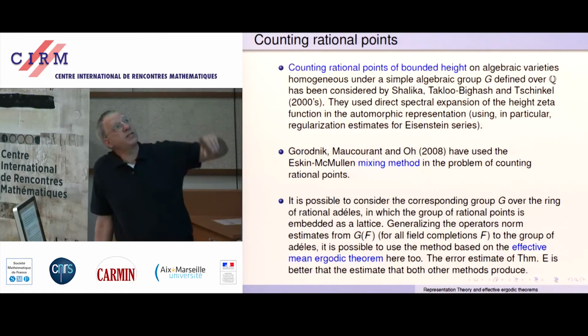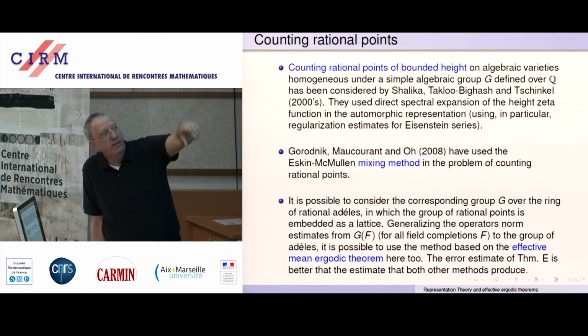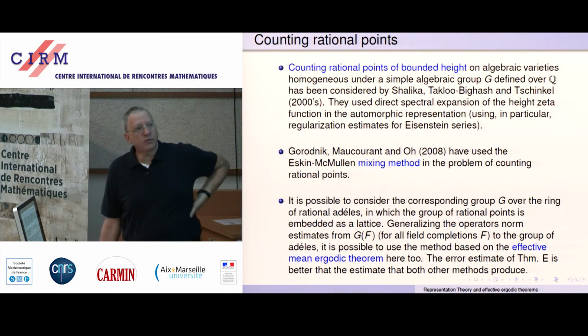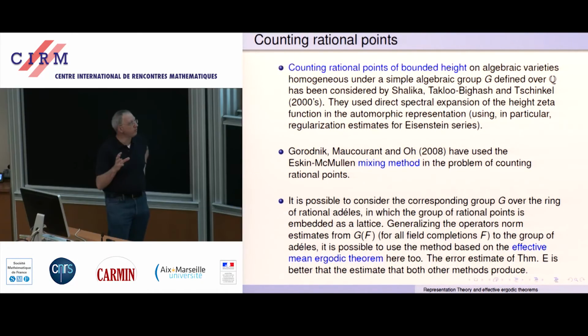We have a certain simple algebraic group G, and it's possible to consider it over the ring of rational Adeles. And in that case, the group of rational points, the group of rational matrices, is embedded as a lattice in the locally compact group of Adeles. A lattice in a locally compact group.